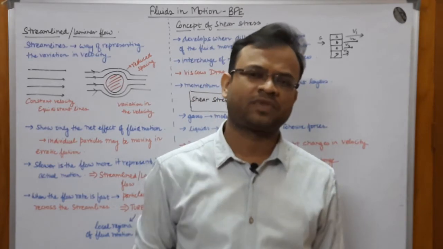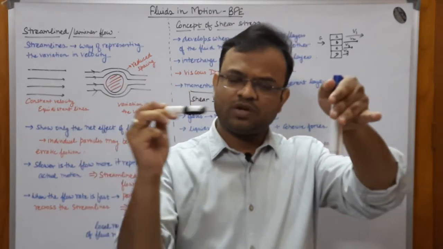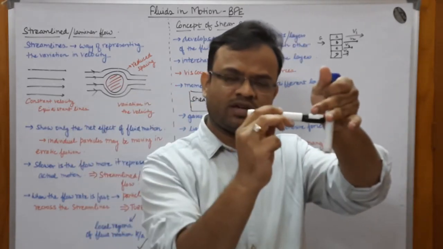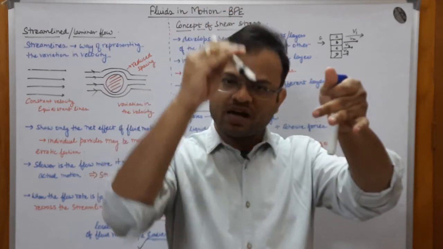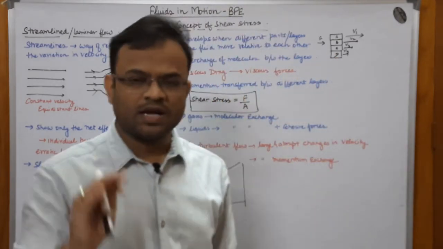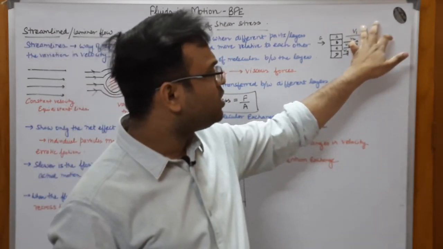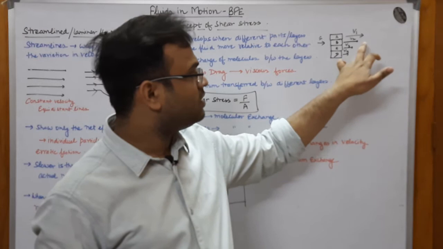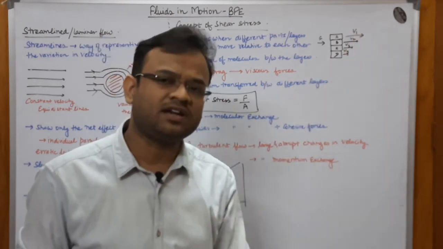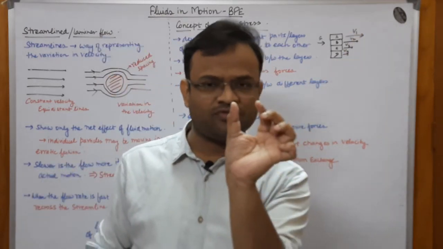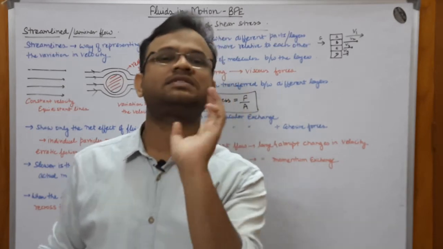The velocity of the liquid is suddenly changing from very high to very low. I believe you would be understanding my point. This V1 would be decreasing to a very high extent in a very short span of time as well as distance.